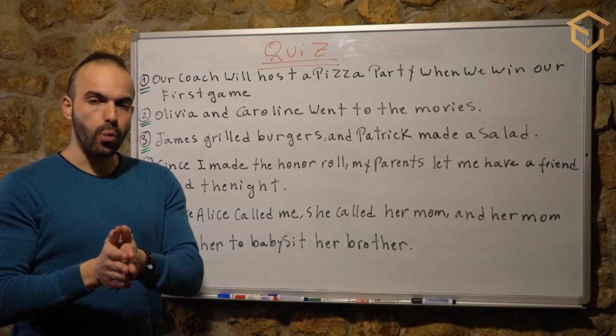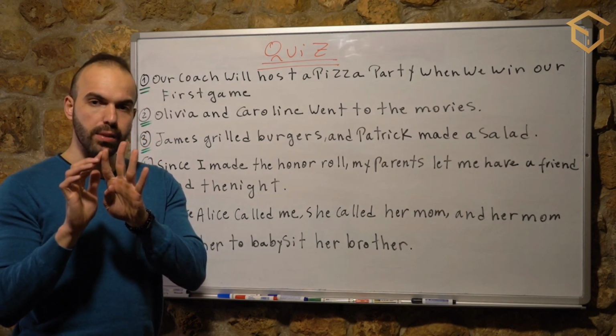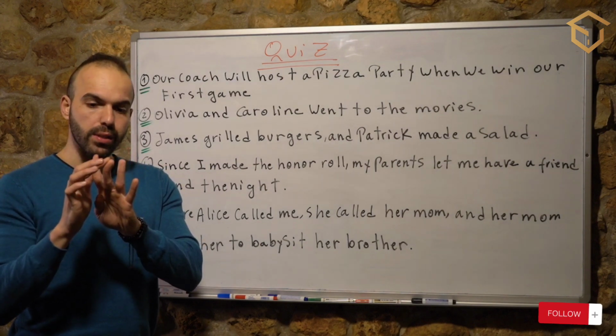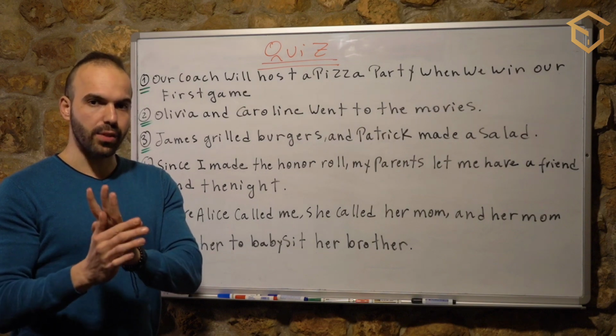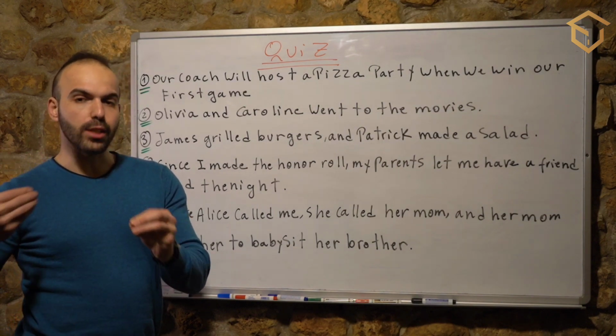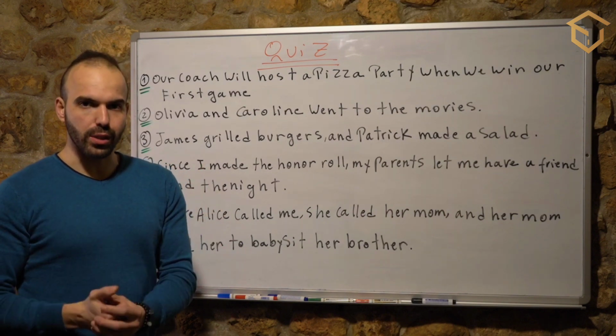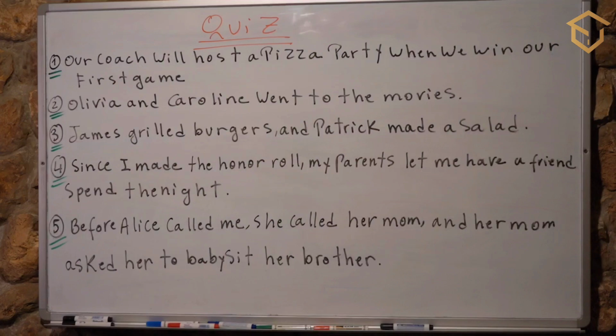In this video, we've talked about 4 types of sentences: simple sentences, compound sentences, complex sentences, and compound complex sentences. So try to rewind the video and go back and check how to use every single type. Best of luck with this quiz.